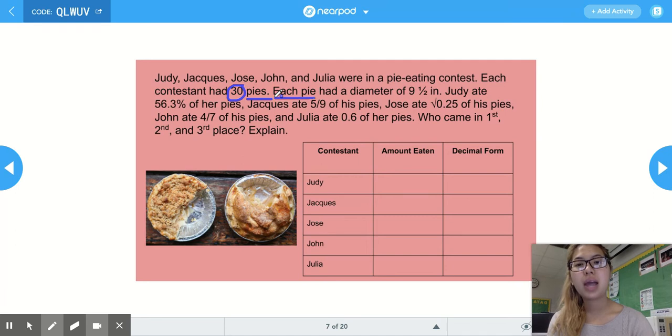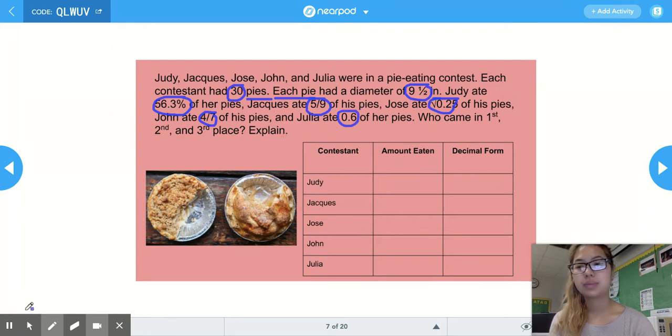Each pie had a diameter of 9.5 inches. Judy ate 56.3% of her pies. Jacques ate 5/9 of his pies. Jose ate the square root of 0.25 of his pies. John ate 4/7 of his pies. And Julia ate 0.6 of her pies. Who came in first, second, and third place?